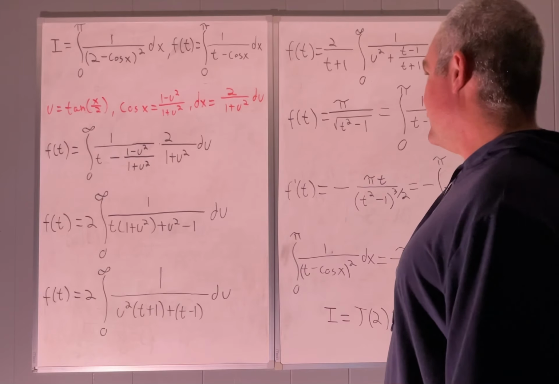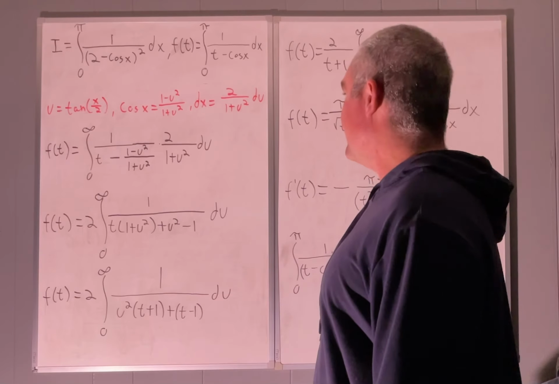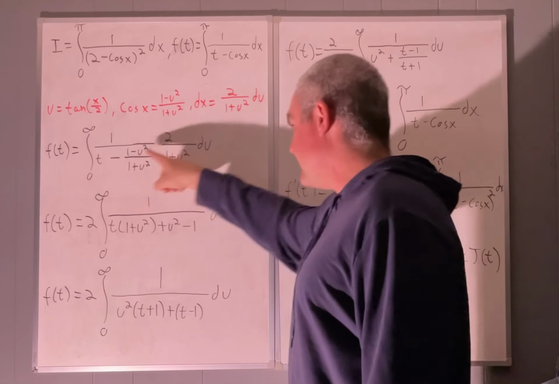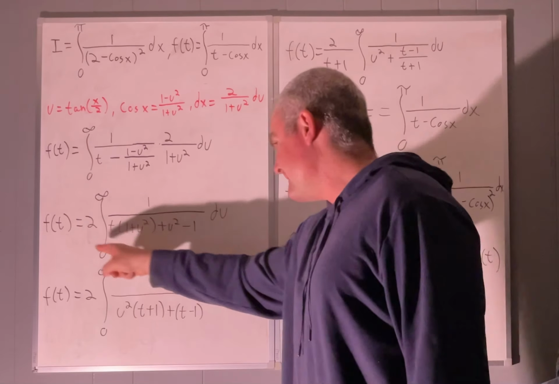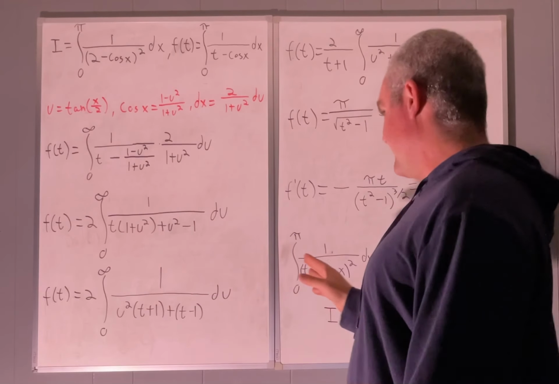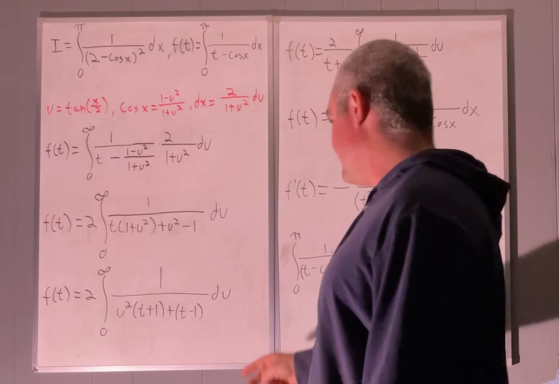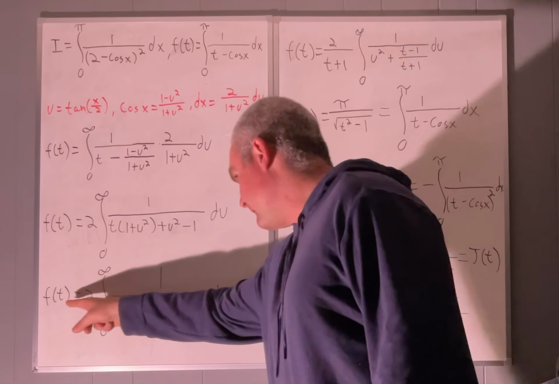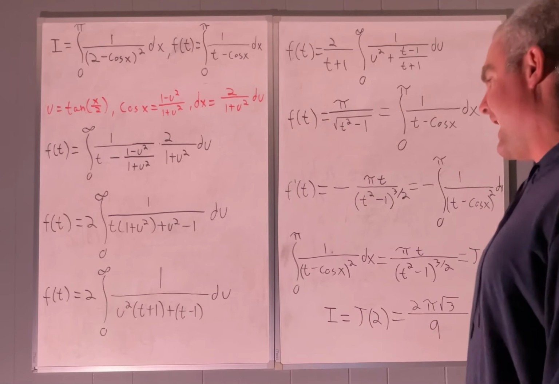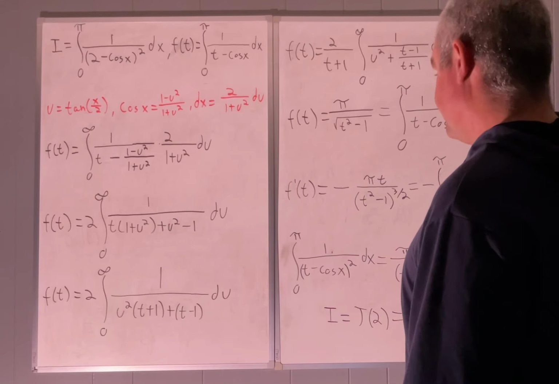And then doing a little bit of rearranging, you just distribute this 1 plus u squared into the denominator here and bring the 2 outside, and you get this. Then you distribute all this, rearrange it and factor out a u squared, and you'll get f of t is equal to 2 times the integral from 0 to infinity of 1 over (u squared times (t plus 1) plus t minus 1).